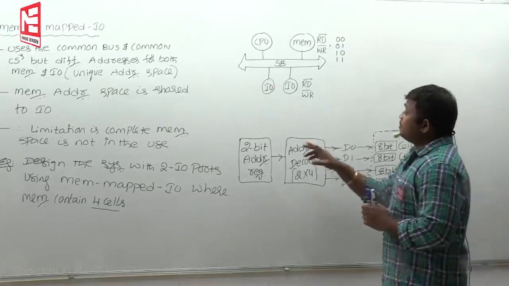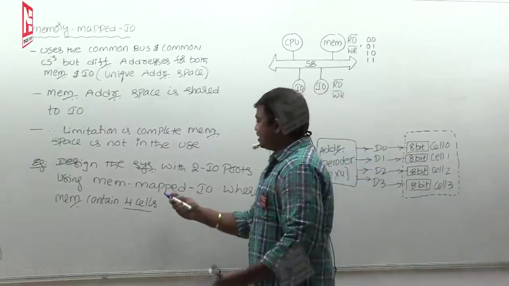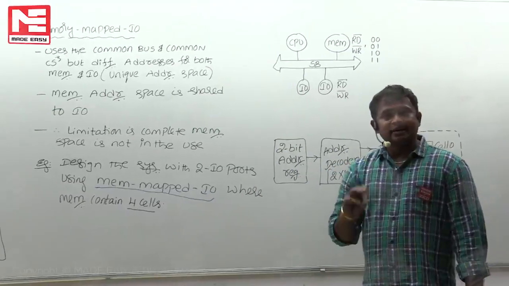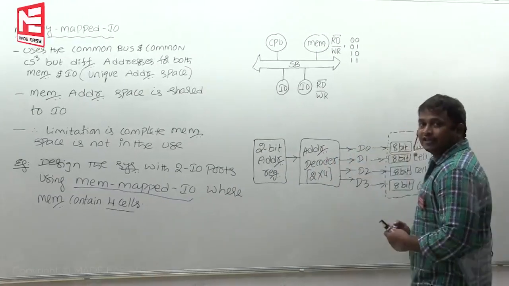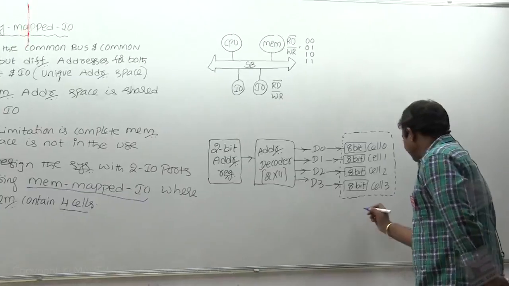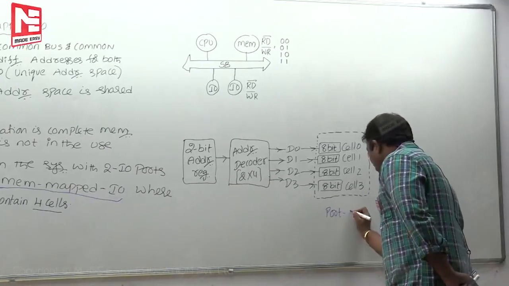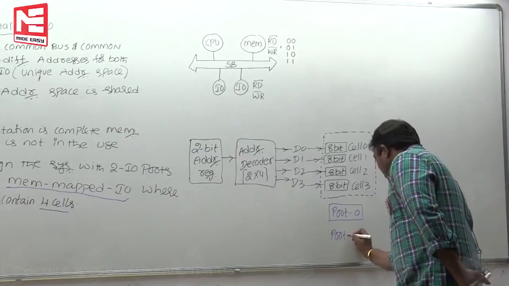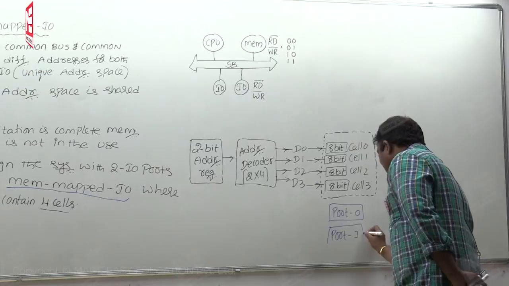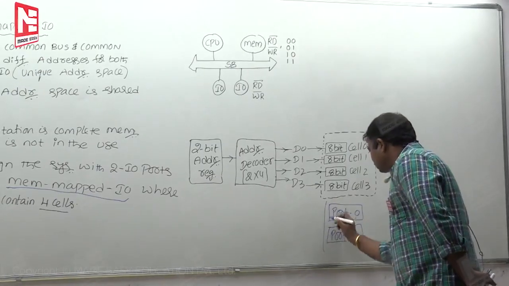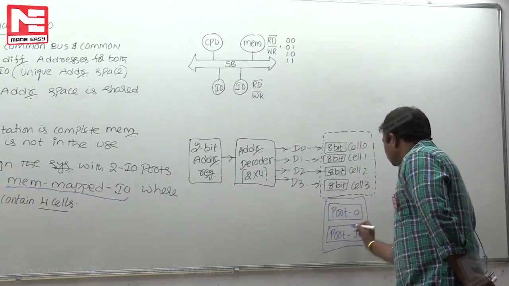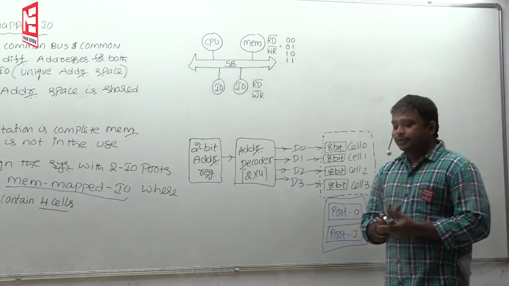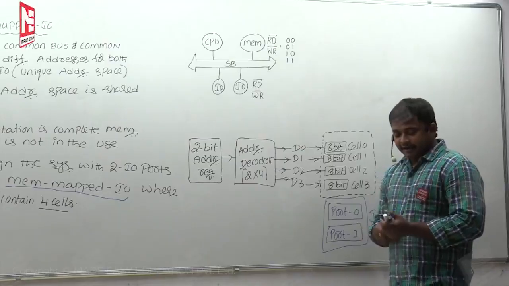Now, memory mapped I/O is used in the system. Due to this, some of the memory addresses are used for I/O. Now first decide how many I/O ports are there. In the question, port 0 and port 1 are given, so 2 I/O ports are present. Therefore, 2 addresses are required. Then what we need to do? Go to the main memory area.